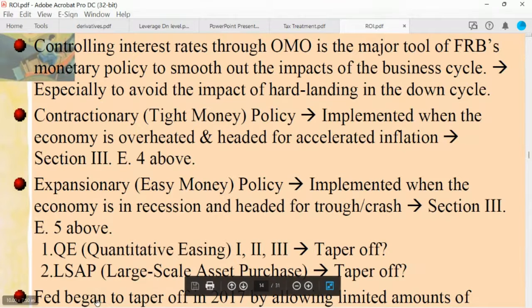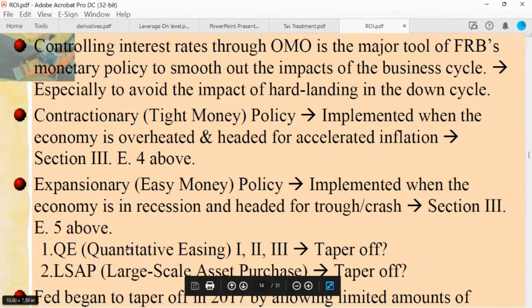But quantitative easing is actually more extensive than just easy money policy, because in an ordinary easy money policy, what the Federal Reserve does is only buying back Treasury securities, because that's just conventionally what they do normally.